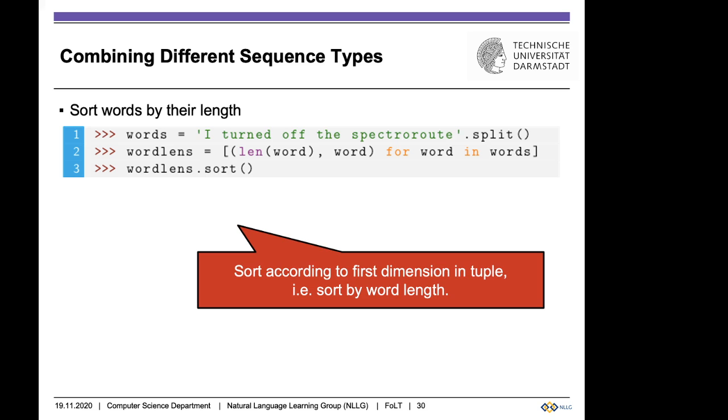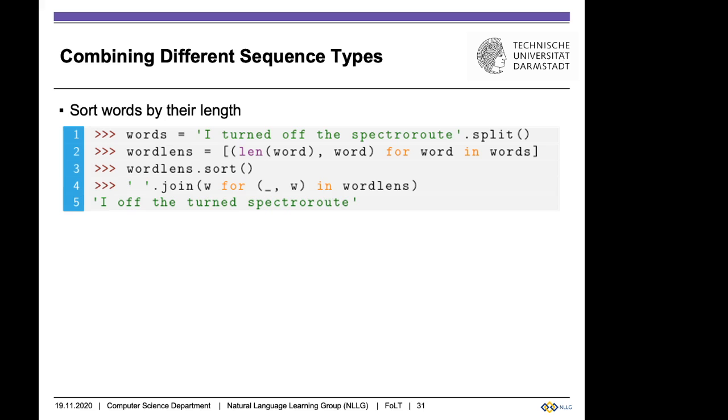Notice that the sort function looks at the values of the first elements in the tuples, which means the words in the new list will be sorted by their word length. So if we transform the new list of words back into a string, we will see the result here where the words are sorted by the number of characters.